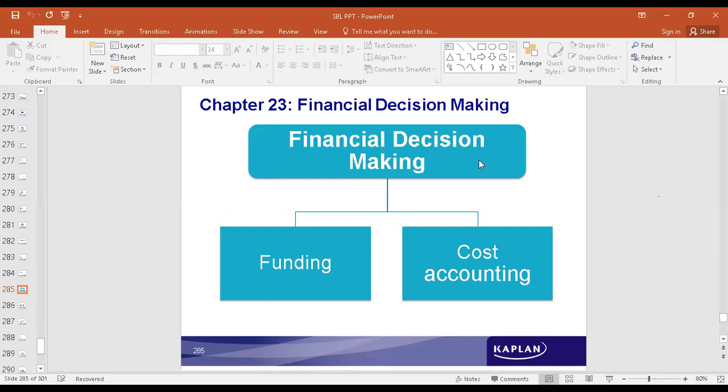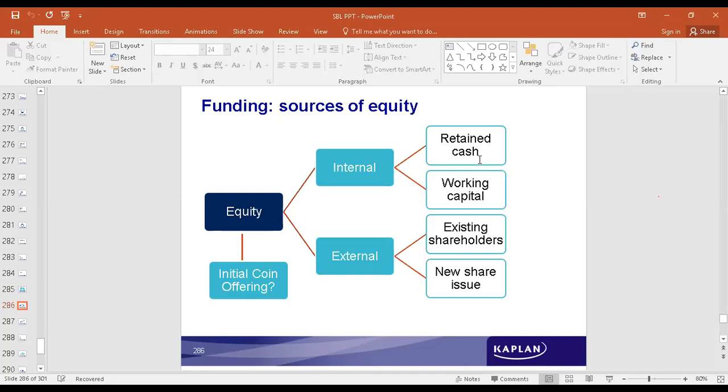Then comes the next chapter, which is about financial decision making, funding, and cost accounting. We see that there are two different types of sources of capital that are to be raised. One is from internal source, and the other is external source.